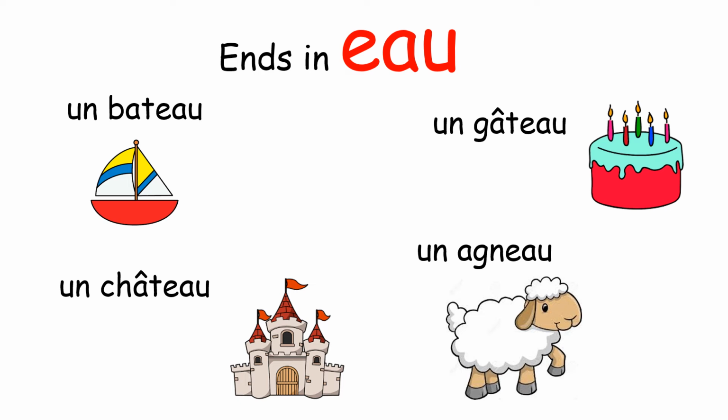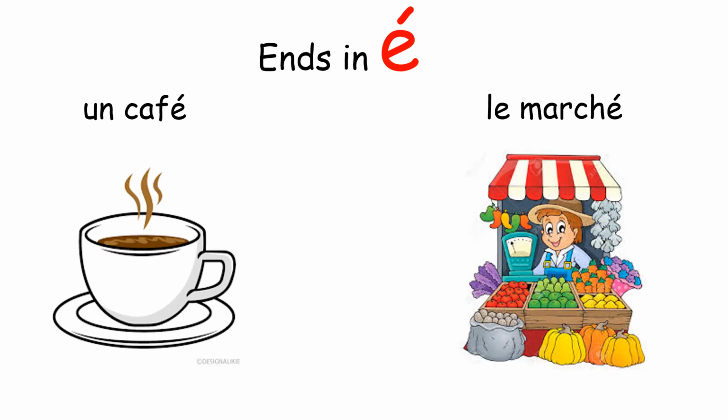So like I say, the French love to break rules and there's always exceptions. But if you see it at the end of a word, generally speaking, it will tell you that that's a masculine noun. É, so different from the E on its own, É. Un café, le marché. And that É sound tells us that it's a masculine noun most of the time.